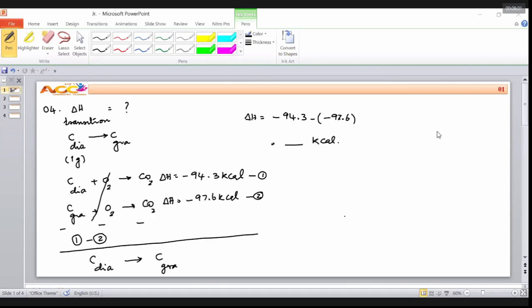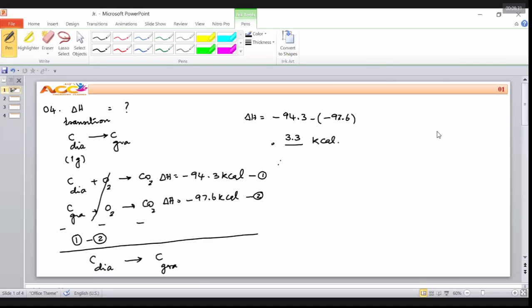Shall I proceed? Okay. Now, whatever the answer is, remember, this is the amount of energy involved. He is saying 3.3. Okay, very good. But it is not the final answer. Why? He is asking about 1 gram. Yes, this is applicable for 12 grams of carbon.